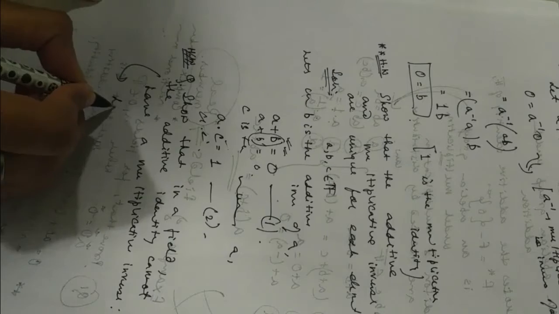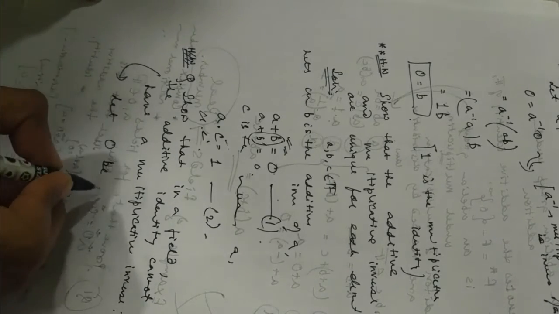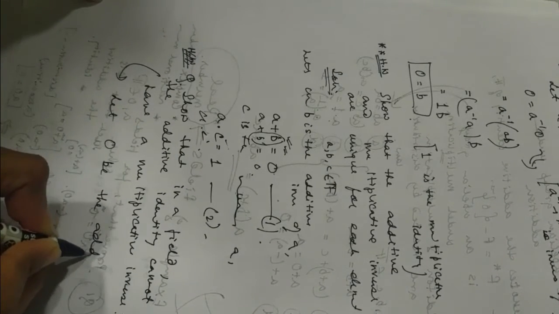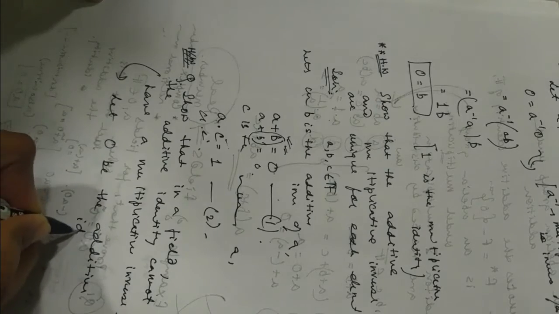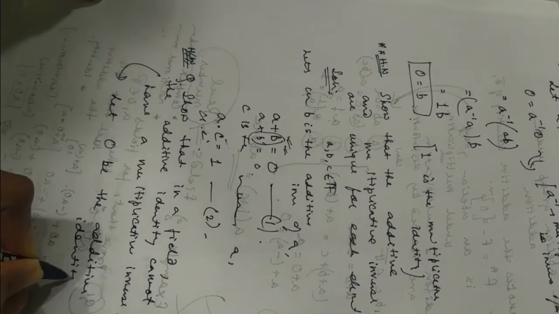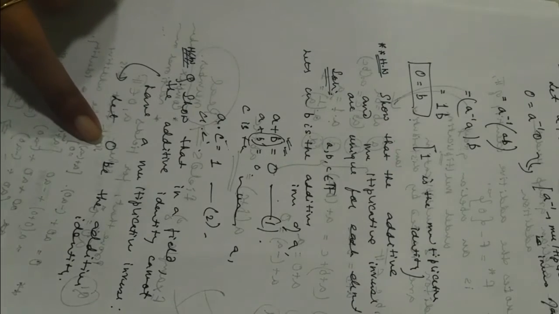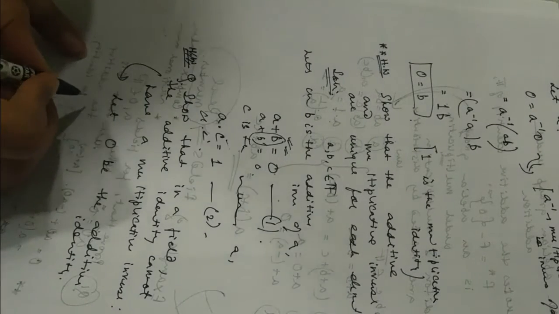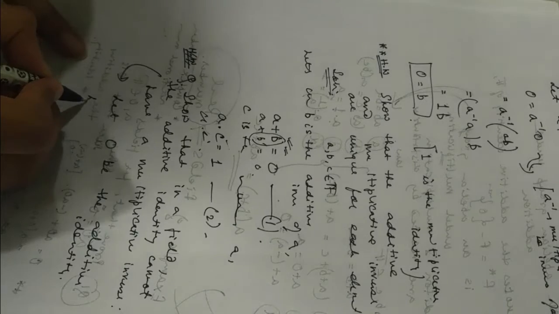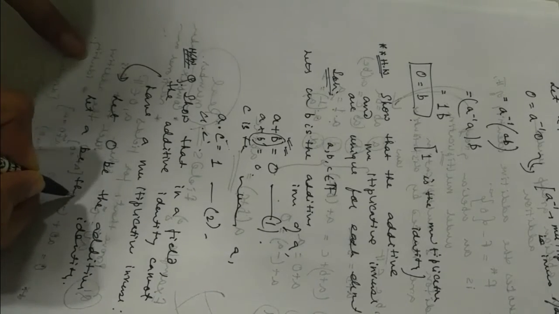Now let 0 be the additive identity, right? Now if 0 has to have a multiplicative inverse, let A be the multiplicative inverse of 0.